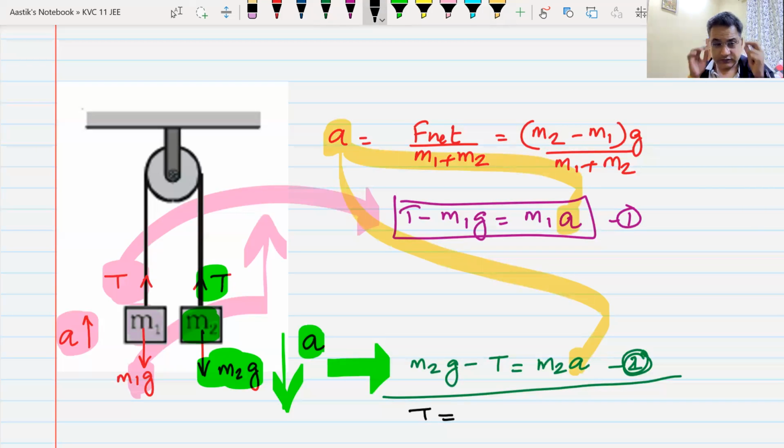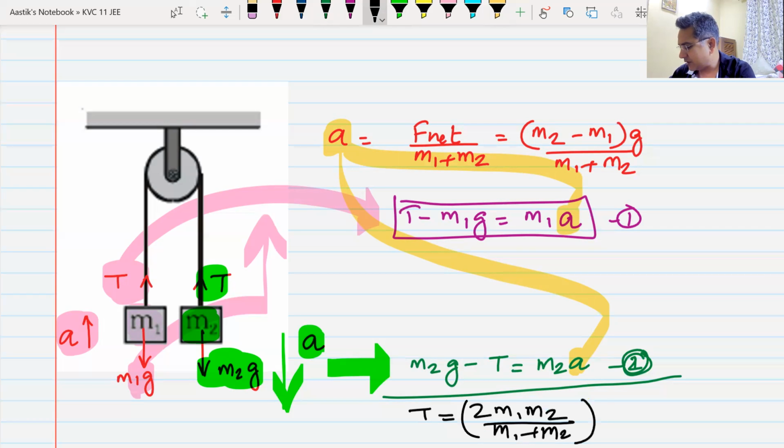I think it will be 2 times M1 M2 upon M1 plus M2, multiplied by G. Is that what you are saying? So that is the value of T.